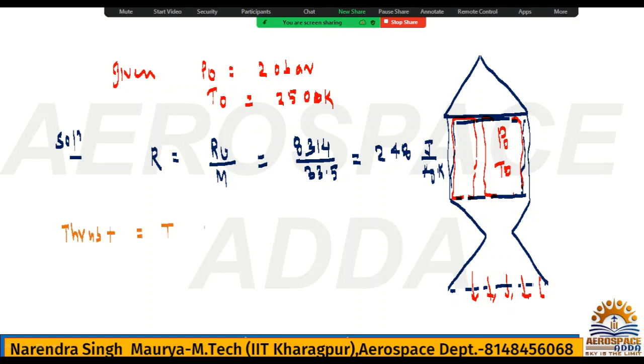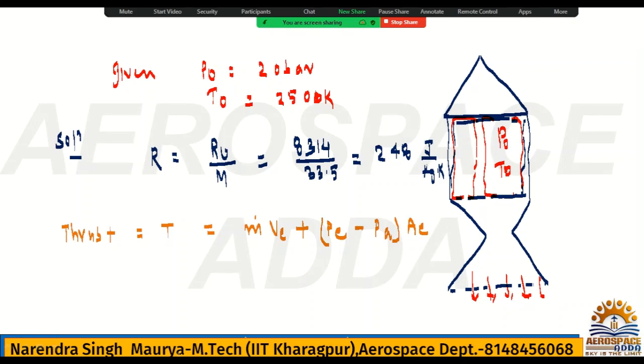Thrust T is equal to mass flow rate into exit velocity VE, plus exit pressure minus atmospheric pressure into exit area.